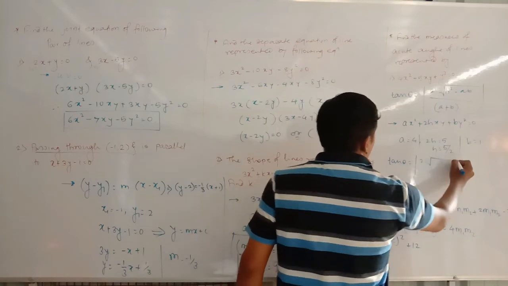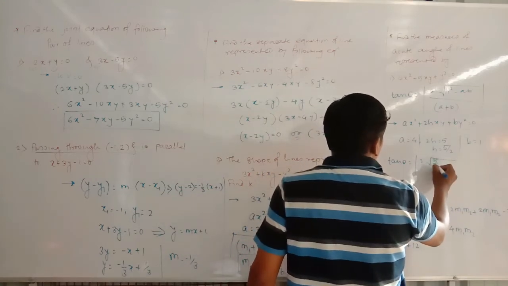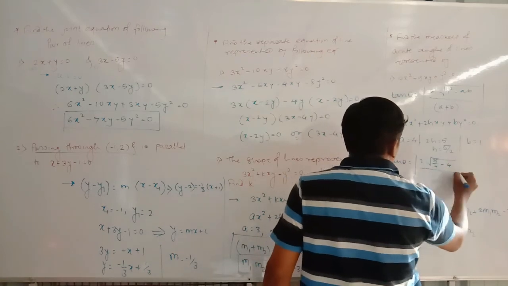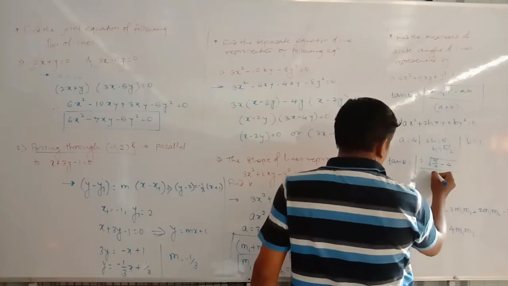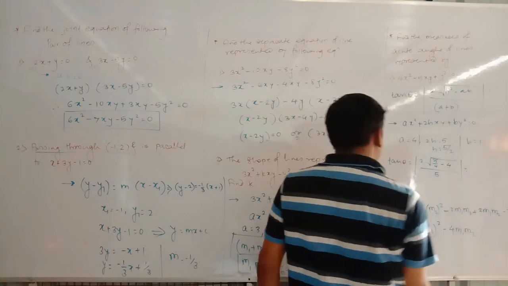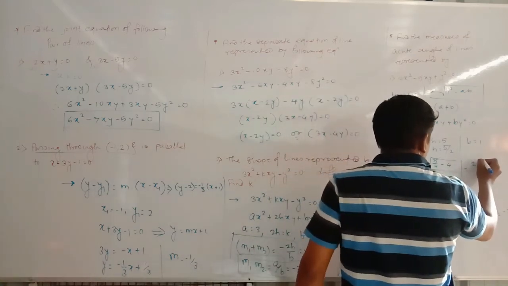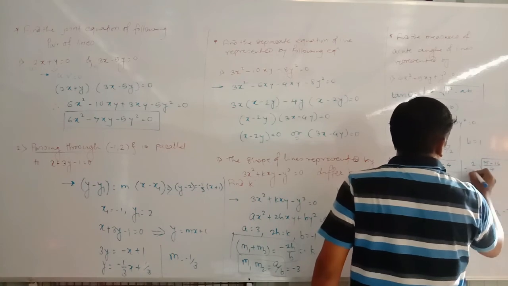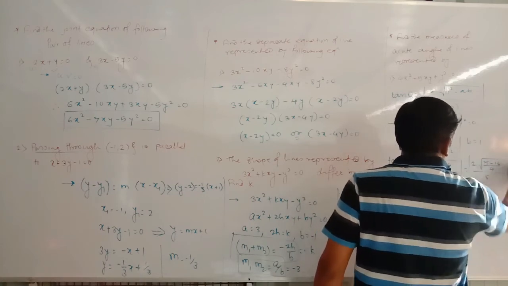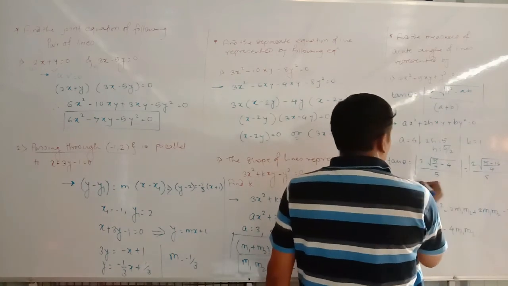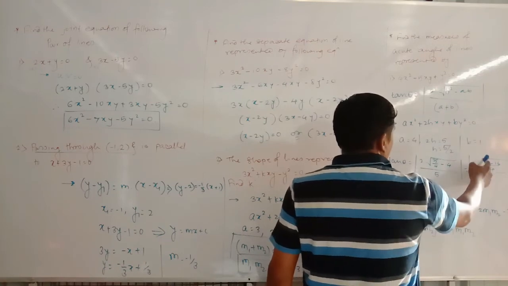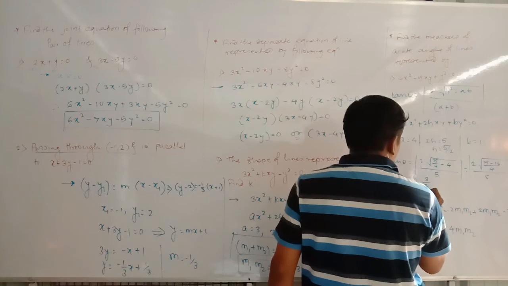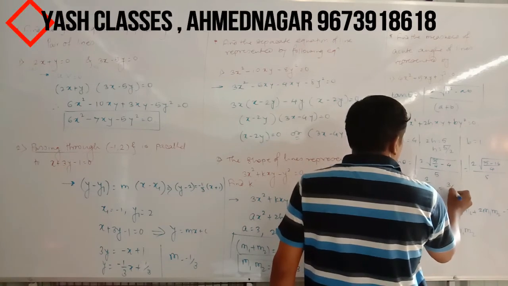2 times square root of h square, so 25 by 4, minus ab, 4 into 1, so 4, divided by a plus b, 4 plus 1, so 5. This is equal to 2 times square root of 25 minus 16 divided by 4, divided by 5. So it is 2 into 9 by 4, so it is 3 by 2 divided by 5. 2 cancels, so it is 3 by 5.